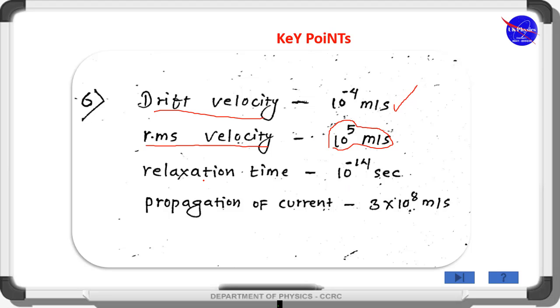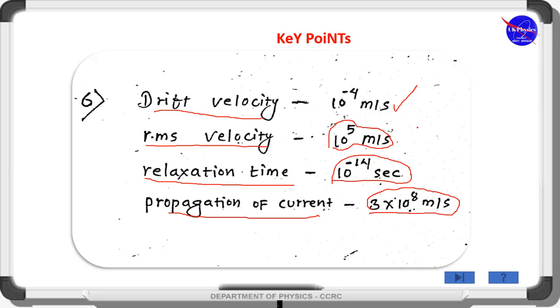And this is the relaxation time, which is 10 to the power minus 14 seconds. And the speed of propagation of current is almost the velocity of light, which is 3 into 10 to the power 8 meter per second. So remember all these values.